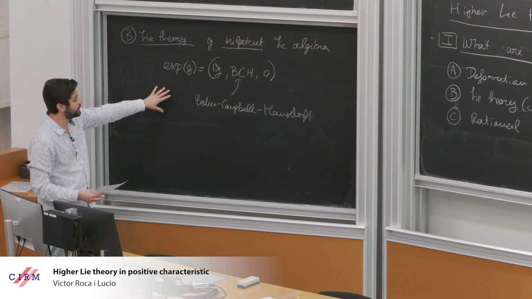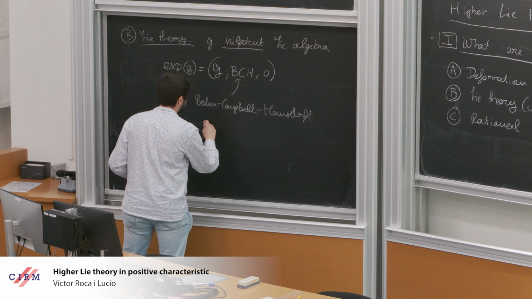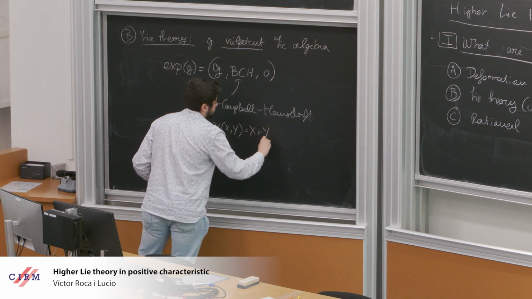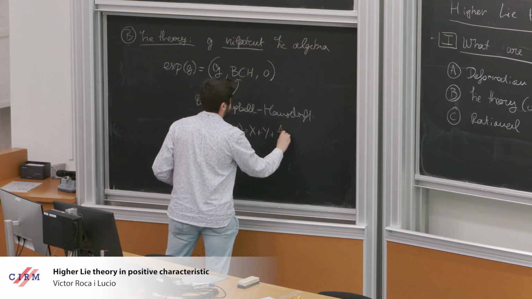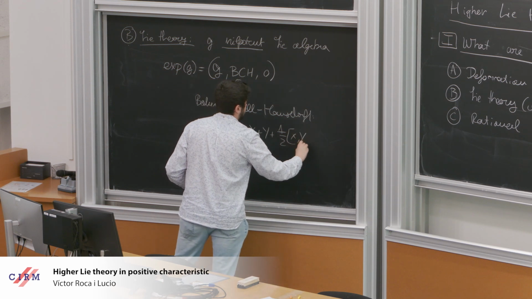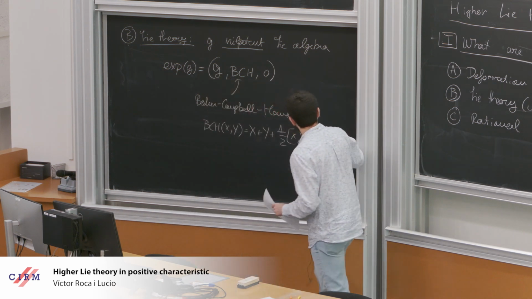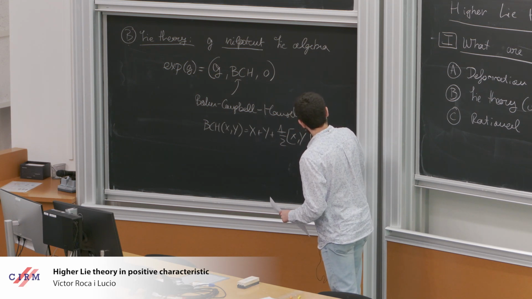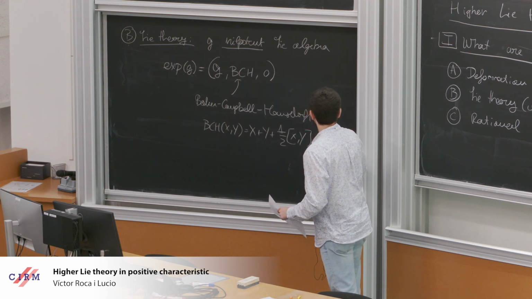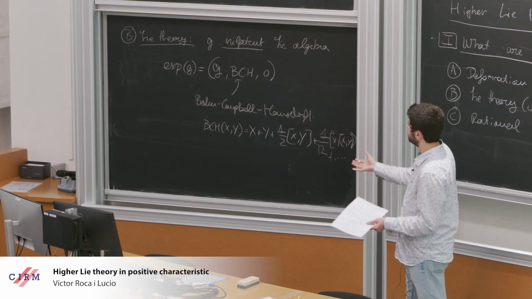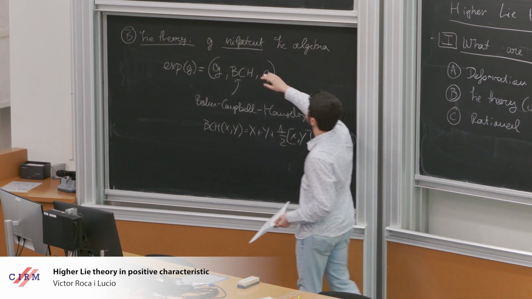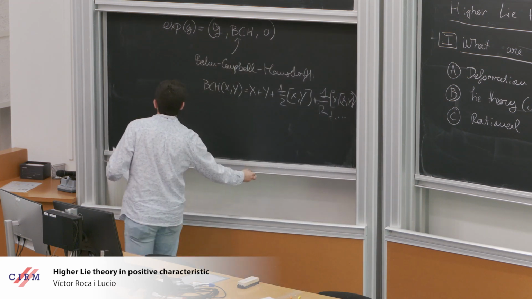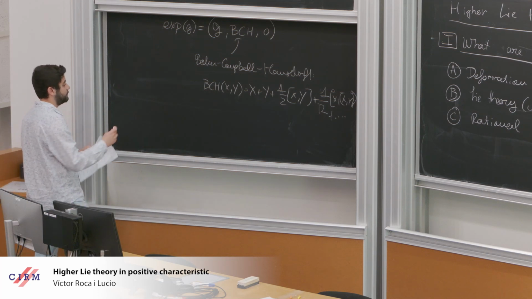Let me point out that this formula is an infinite sum of the following terms. You take the sum x plus y, and then you add brackets of x and y, then iterated brackets, and it runs forever. Since you want to give an algebraic meaning to such a formula, that's why this nilpotent hypothesis appears at the Lie algebra level.